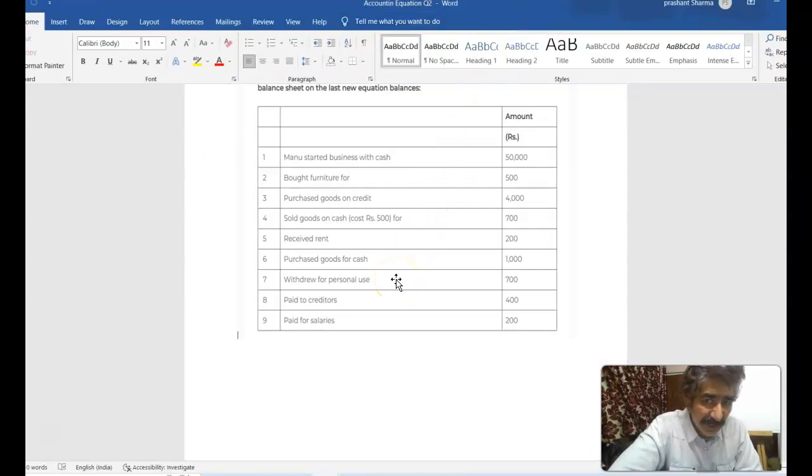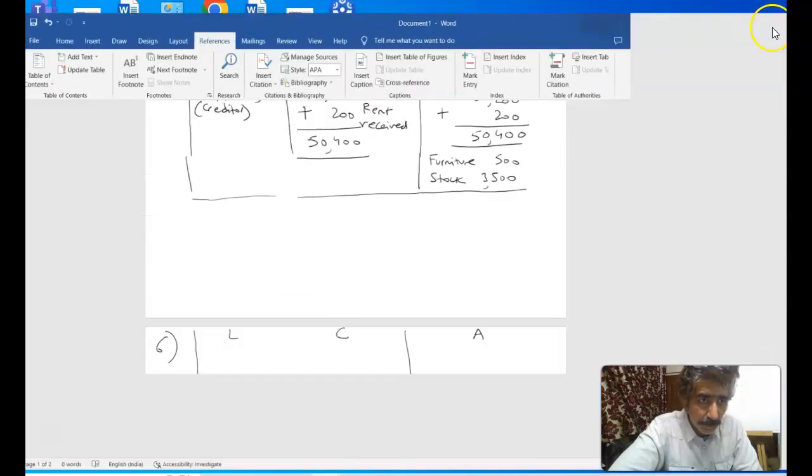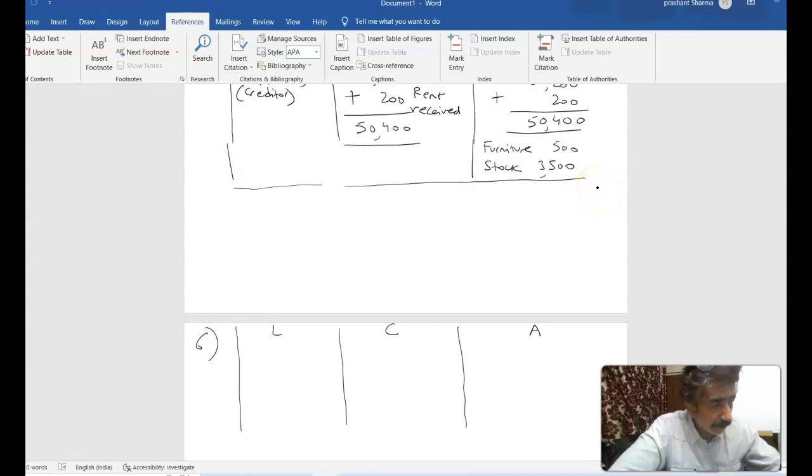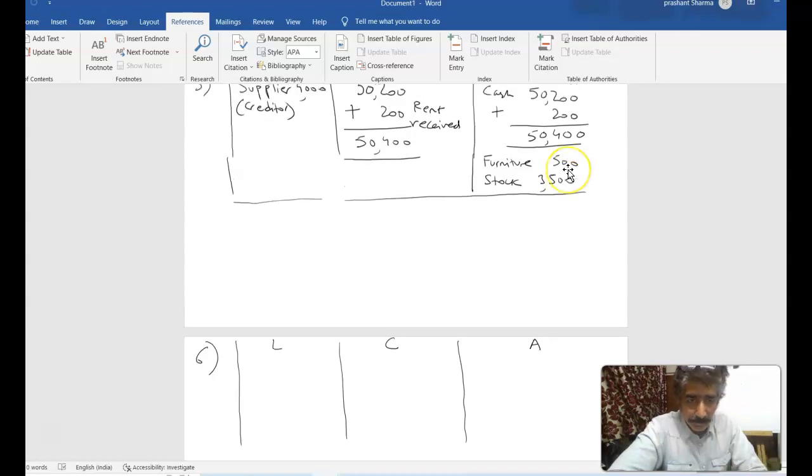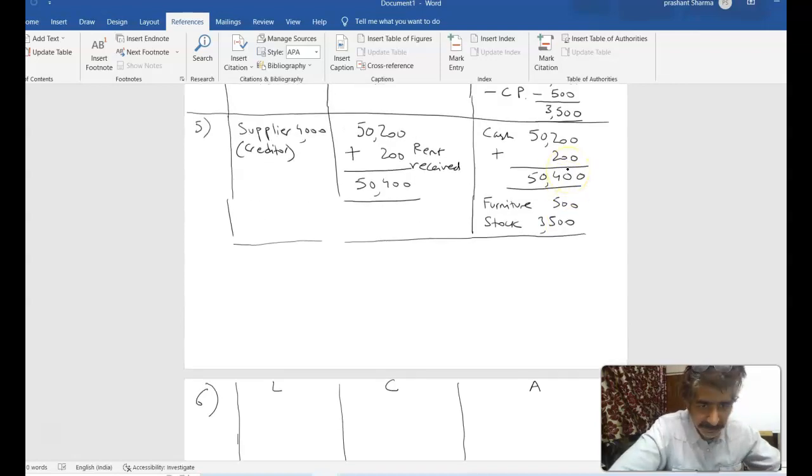Purchase goods for cash. Sixth transaction. Purchase goods for cash for rupees 1000. So on your asset side, obviously when we are purchasing for cash, cash will decrease. 50,400 is the cash in the previous equation.